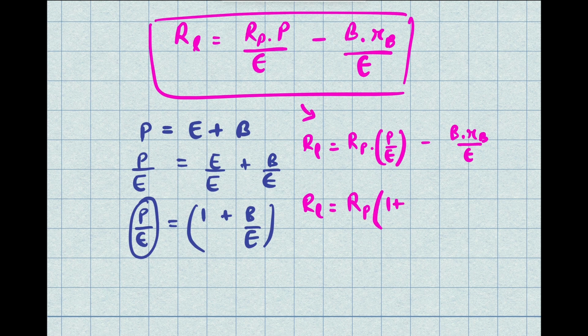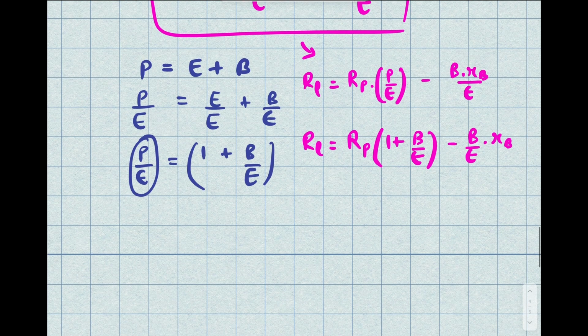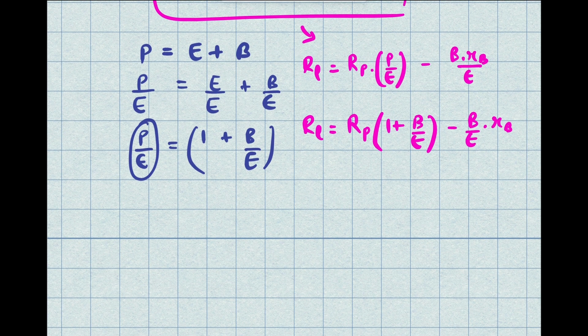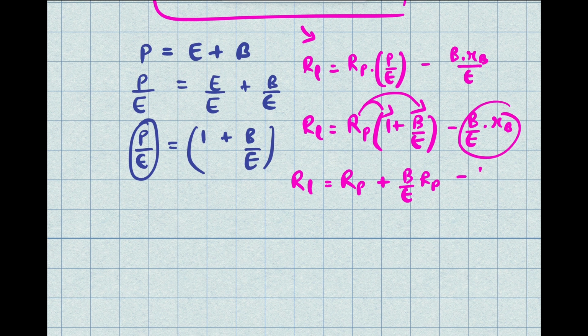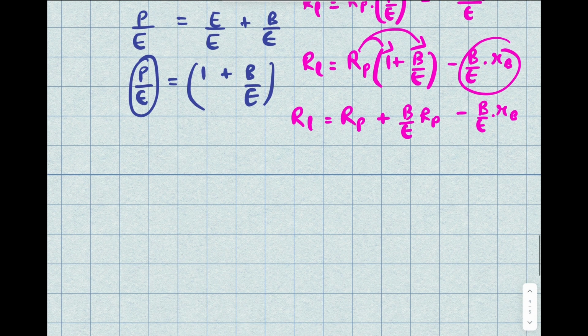This I will write as this B by E, RB. Now I can write it as RL, this multiplied with this multiplied with this. So it will be RP plus B by E, RP, right? Minus this one, B by E, RB. So I'm just writing it down.